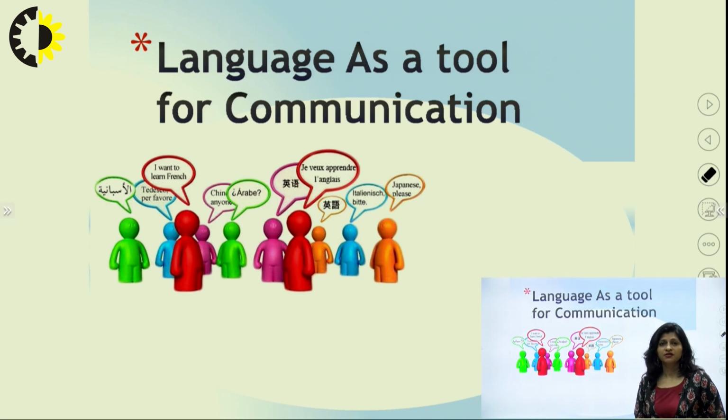The prime purpose of a language is to make our challenging ideas easier so that we can transmit them easily, right? Without language, we cannot even imagine that we can have an effective conversation.